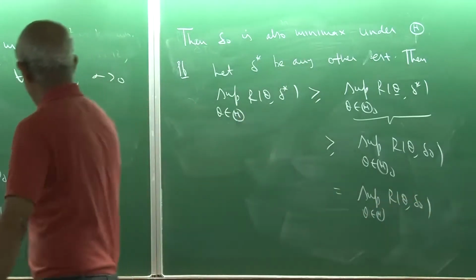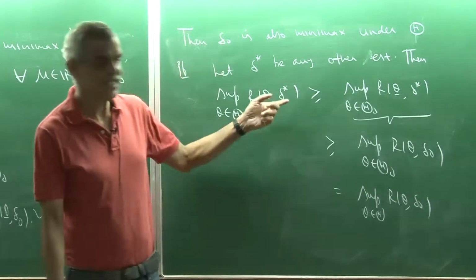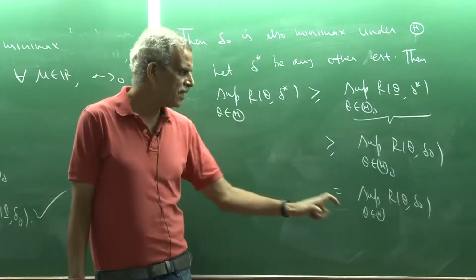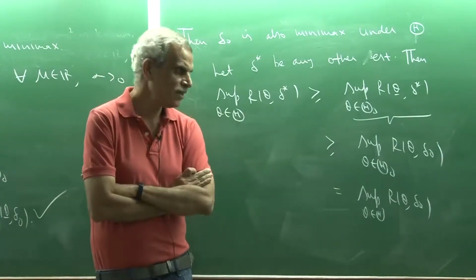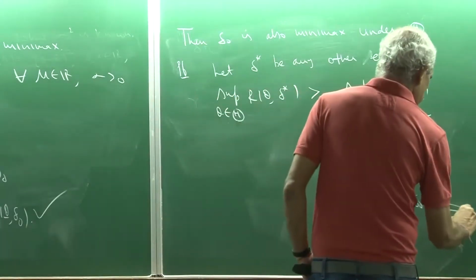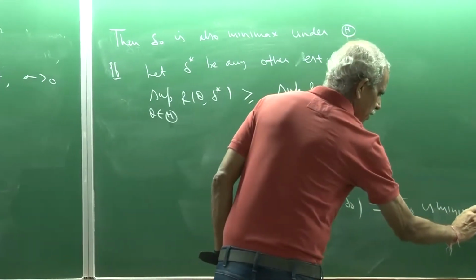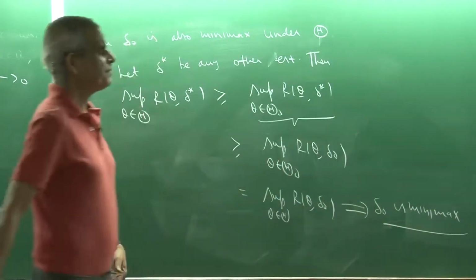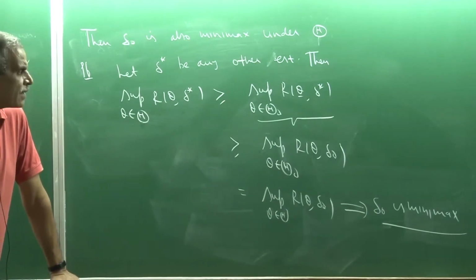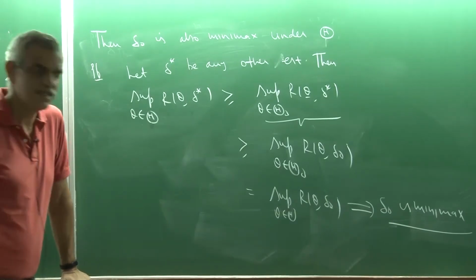By the condition which is given to you. So what does that mean? I took any arbitrary estimator delta star and I showed that its supremum risk is always greater than or equal to the supremum risk of delta naught, and that proves that delta naught is minimax. And that proves the result. Now what I can do is look at a simple application of this result.